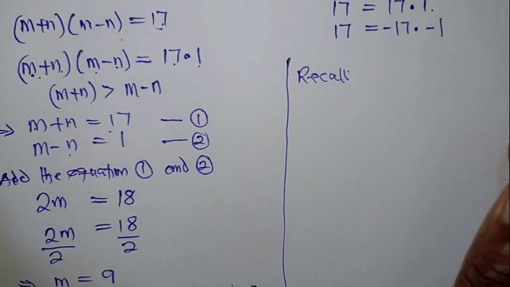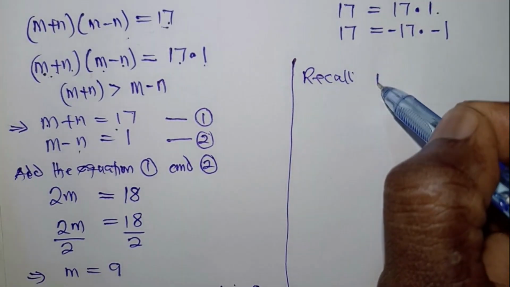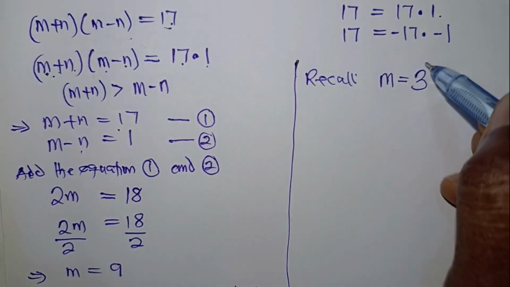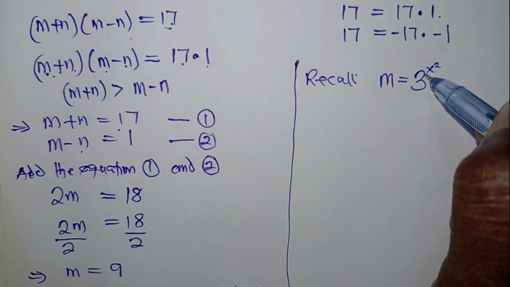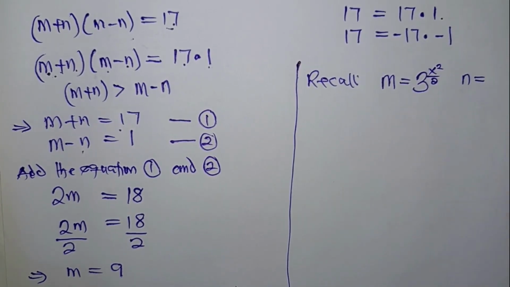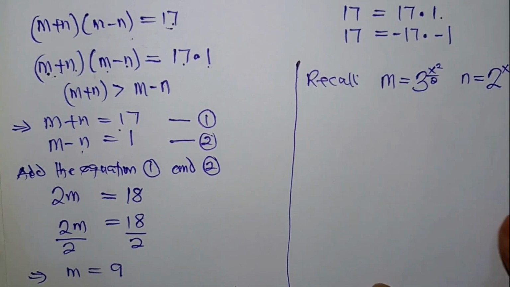You recall that M was giving us 3 raised to the power x squared over 2, and N is giving us 2 raised to the power xy. I hope we can remember that.